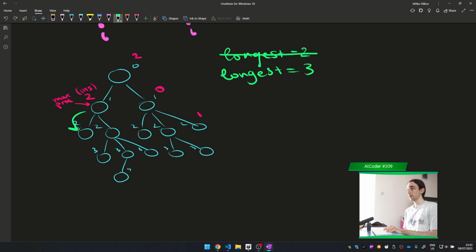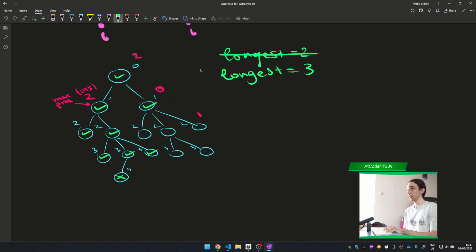Then it comes up to here, there are no updates, but still this is protected. This protected, this protected, this protected. Then it comes up to here, this protected, comes up to here, this protected, and now it comes to 4. This depth is bigger than the longest, so this is not protected. Comes up to here, protected, and then comes back, and this is protected, but this is maximized again.